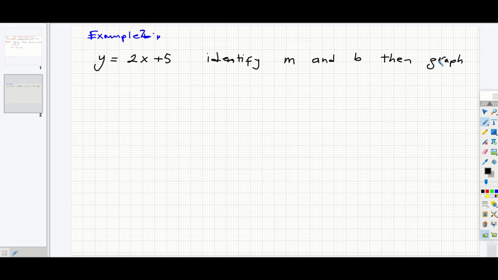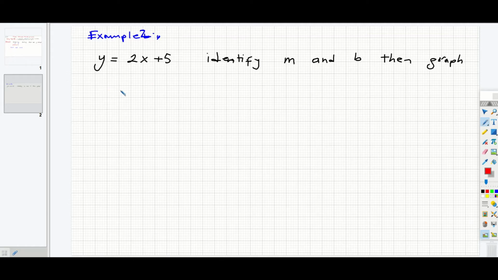As you can remember, guys, we learned how to graph linear equations, but this is just a review lesson, and we can easily find m and b like we did in the previous question.